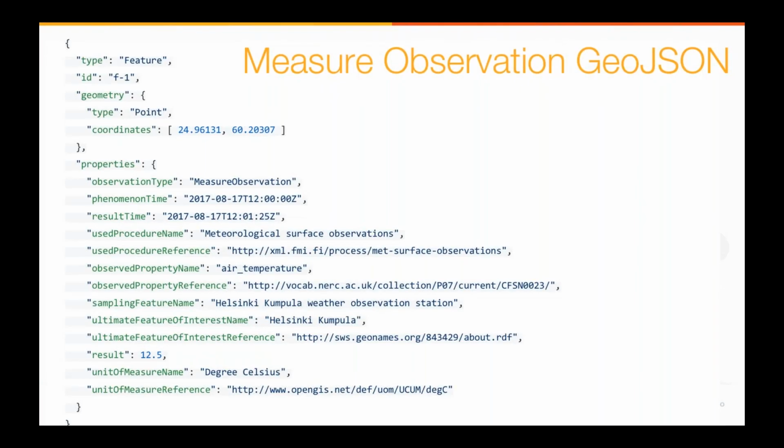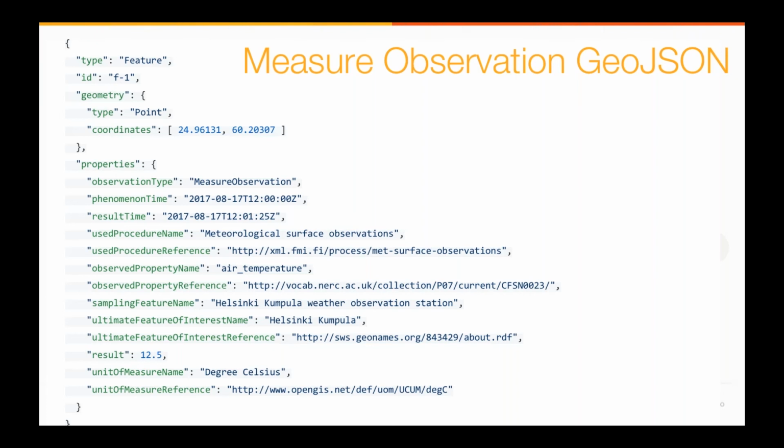It might be a bit small for you to see, but I just wanted to show very quickly how this actually looks. So this is the GeoJSON encoding. Even if you don't understand GeoJSON, you can see that the property structure is pretty much flat.